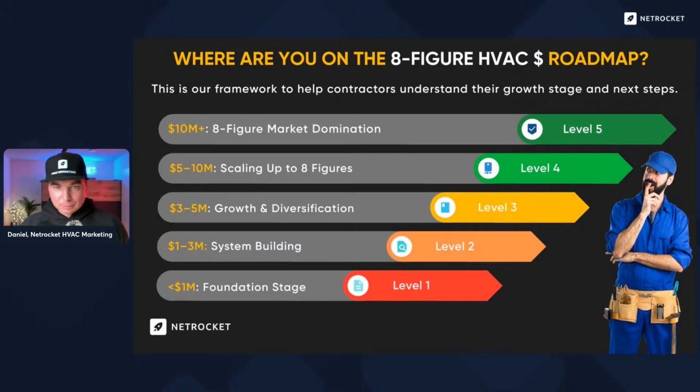And why are we talking about the 8-figure HVAC roadmap? Because I think that when we build a company which makes 10 million and more revenue annually, we may have more freedom. We definitely will have more resources to develop the company further.